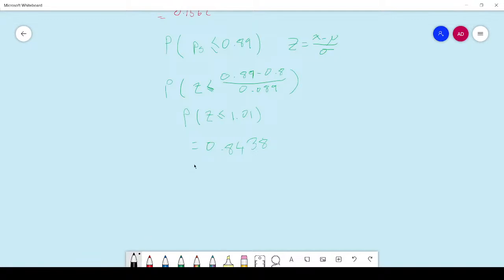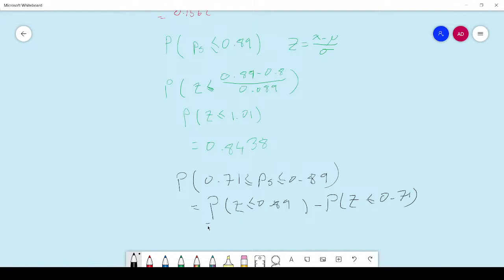So we have that this is equal to probability z was less than 0.89 minus probability z was less than 0.71, and we should end up with 0.8438 from here minus the 0.1562 gives us 0.68 roughly.